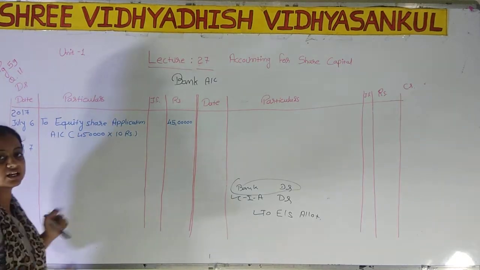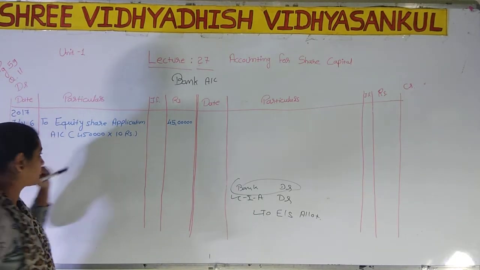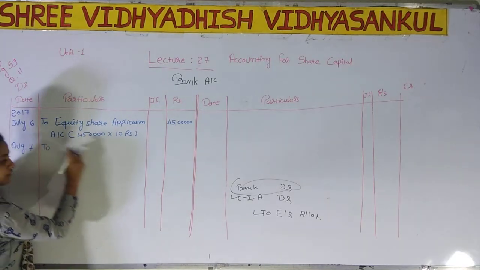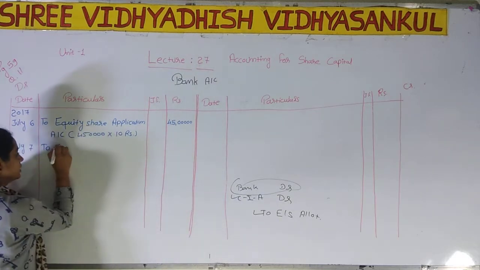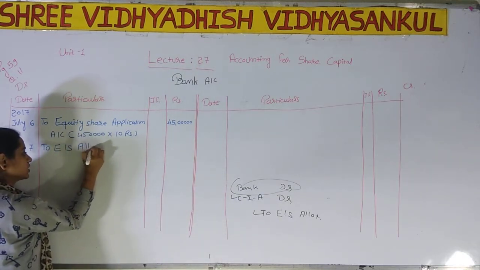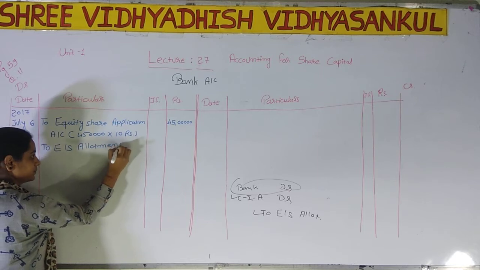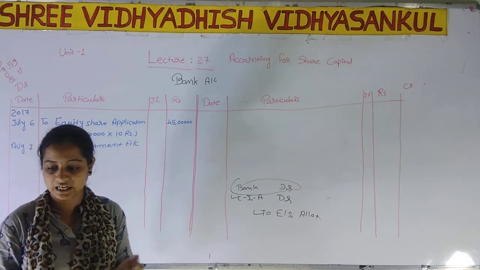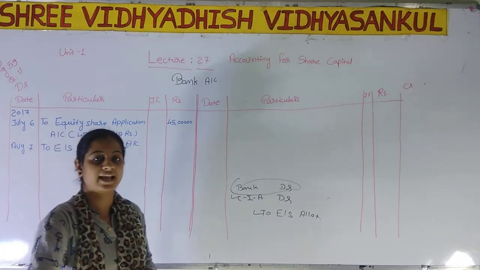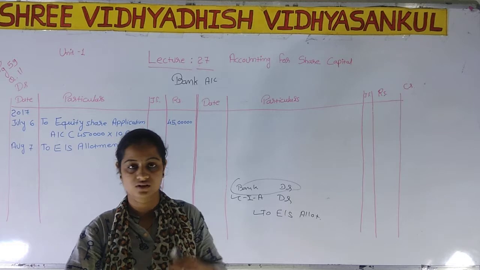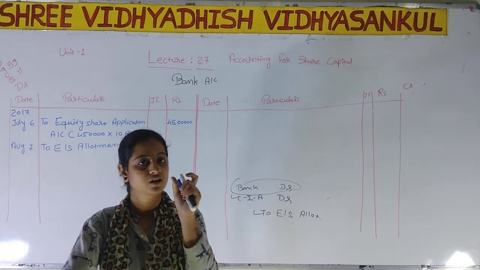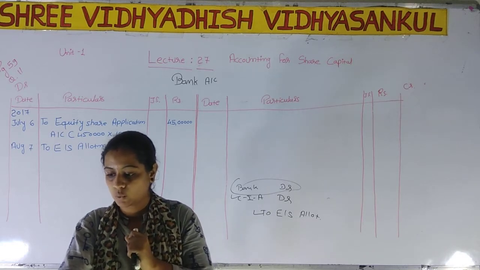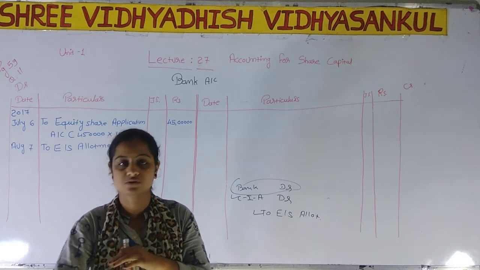If you want to leave one line, then you can leave one line, okay? And if you don't want to leave a line, then it's okay in here. 2, we have to write the name of credit to equity share allotment account. But see, we have total demanded 63 lakhs. See, in the second journal entry we have written equity share allotment account 63 lakh. Out of 63 lakh we have not received 8,400.